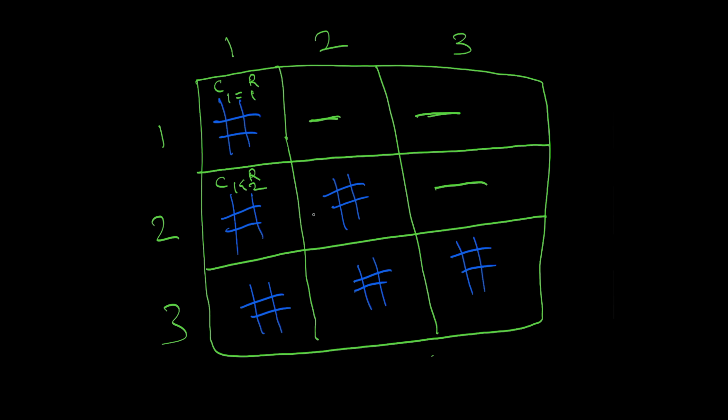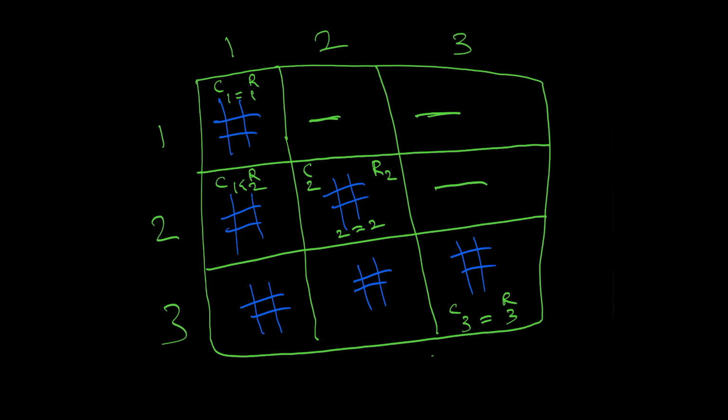Let's see here. Column 2, row 2. We know that 2 is equal to 2, right? And let's see this one. There's column 3, row 3.